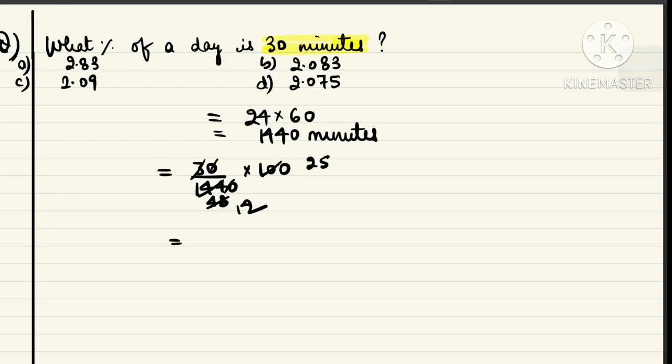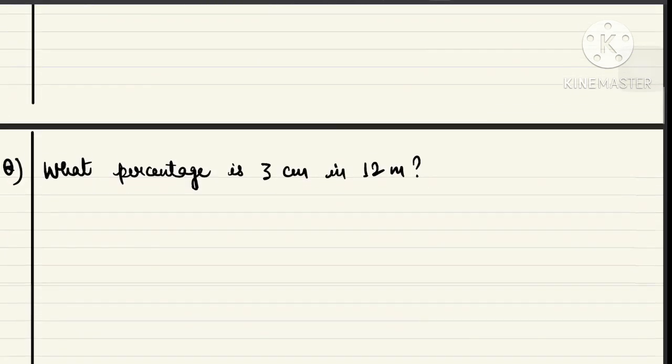So 25 by 12. What will we get? We will cancel it by 2, and get 8 and 3. Okay, we will divide by 12, then we will get 2.083. So this will be your answer. So B will be your answer, right? Okay, move to the next question.